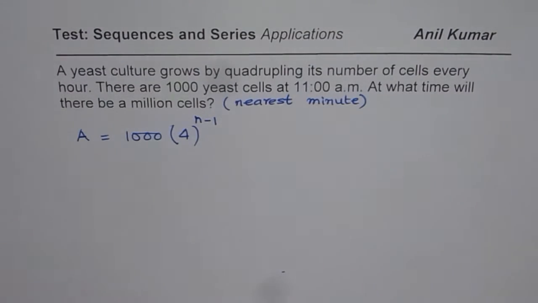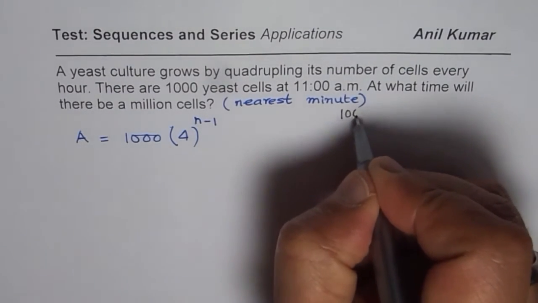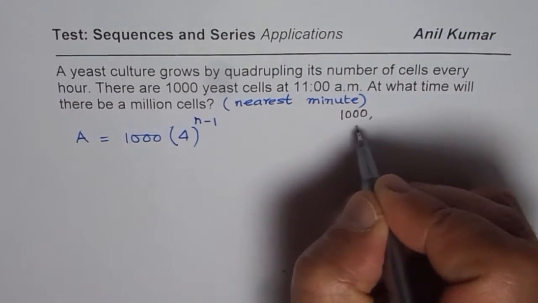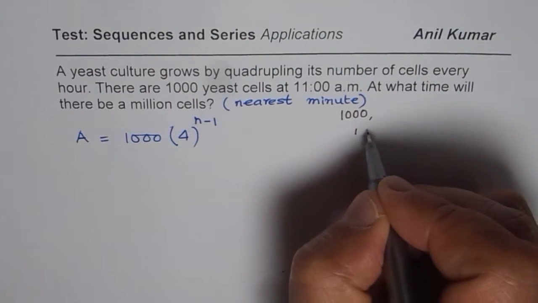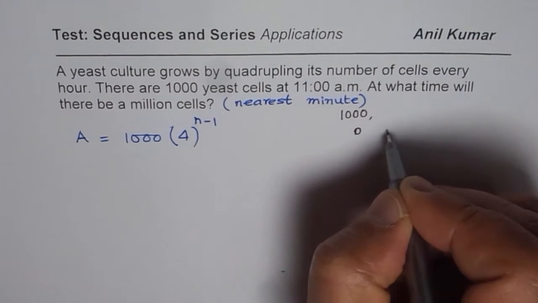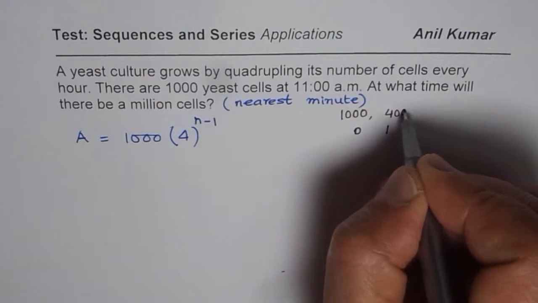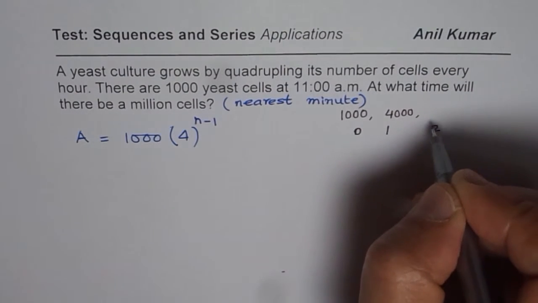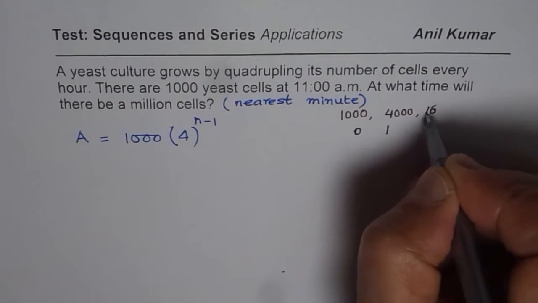So you basically start with 1000 cells, right? That is your first term, and after an hour, it'll be times 4, so 4000. Do you see that? And the next hour, it'll be 16,000, right?